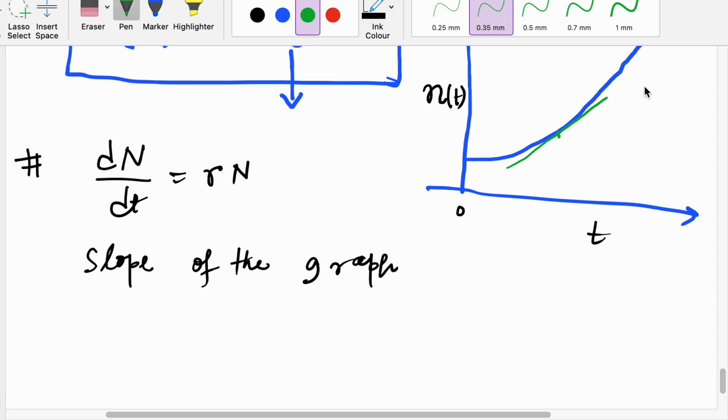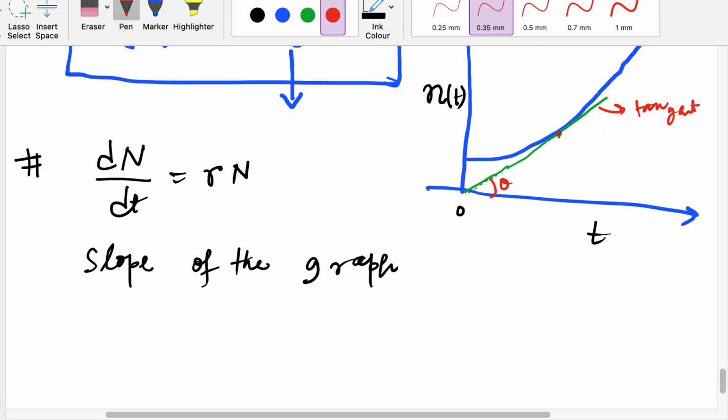Suppose this tangent, the line which only touches this blue curve at this red point, makes an angle theta with the t axis.